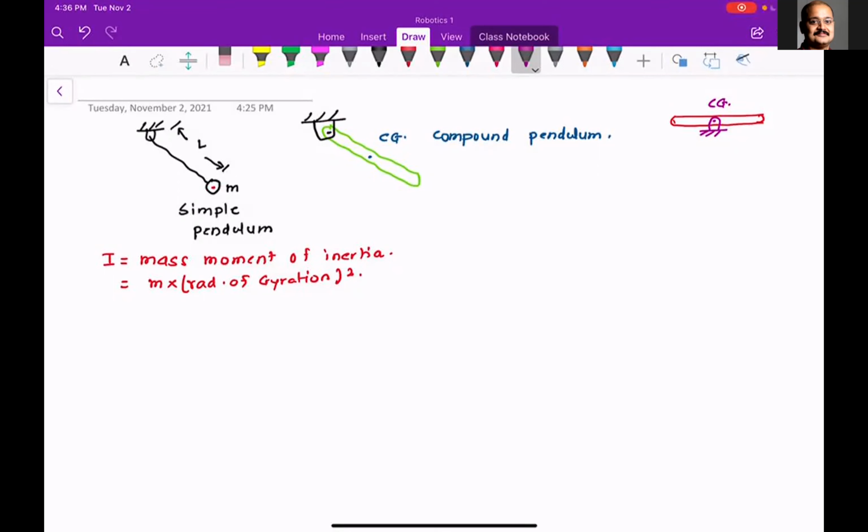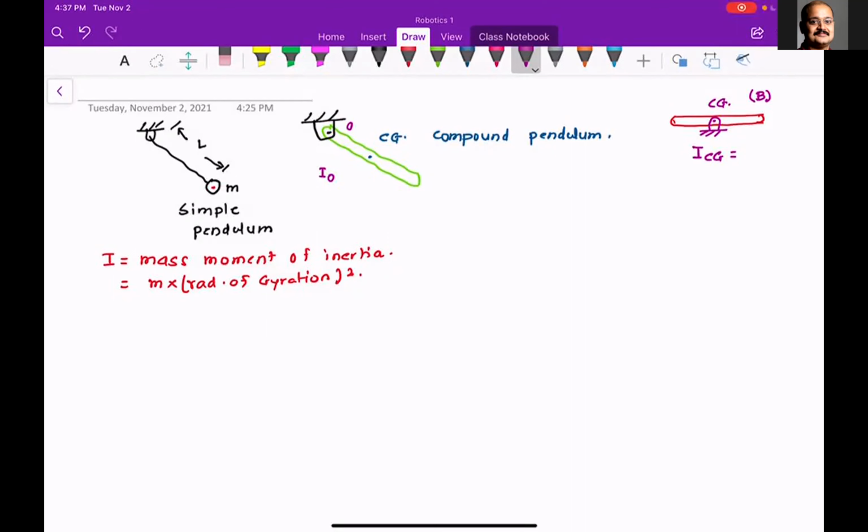So in the case of slender rod, so case B, the slender rod is pivoted at the CG. So mass moment of this guy is going to be mass moment of inertia at the CG. And mass moment of inertia of this guy is going to be mass moment of inertia at O, which is the point of rotation.